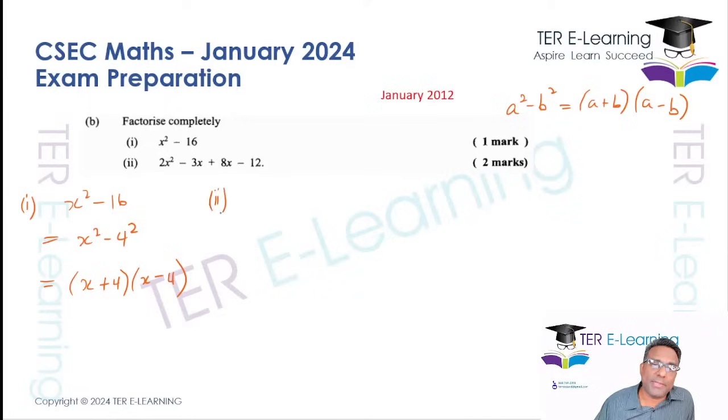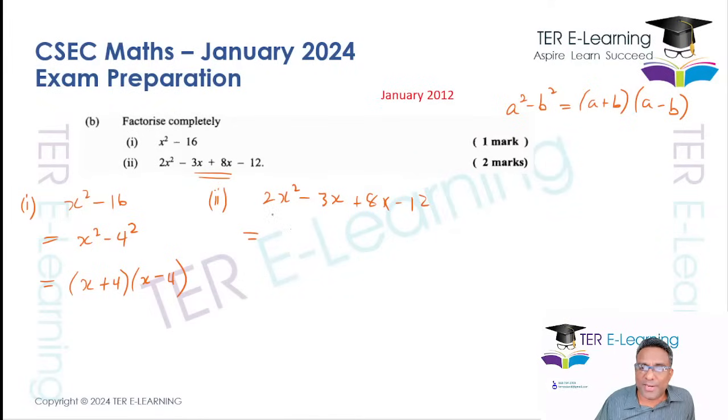Second part, we have 2x squared minus 3x plus 8x minus 12, and you want to factorize this. In this case here, we can use factorizing by grouping. Because what they've done, they've taken a quadratic and they've broken up the middle term for us already.